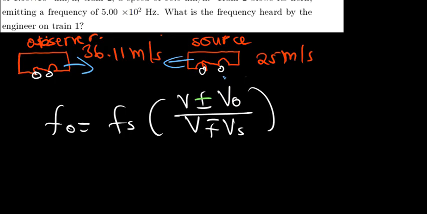Once you come across any question under Doppler effect, if you discover that the source and the observer are moving toward each other, like in this case, you use VO as positive and VS as negative, meaning on the top part you use plus and the bottom part you use minus.